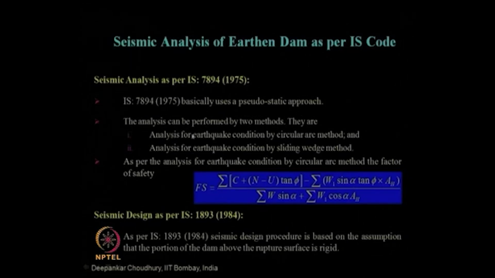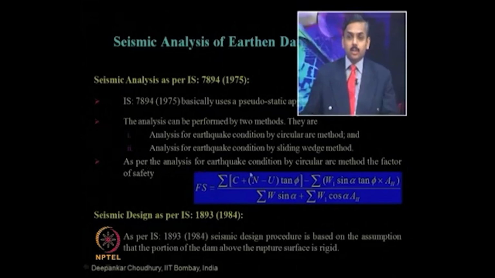The analysis can be performed by two methods, either the circular arc method or the sliding wedge method. For the earthquake condition, in the circular arc method, the factor of safety is given by this expression. If somebody is using the sliding wedge method, they can use the Newmark sliding block method basically.